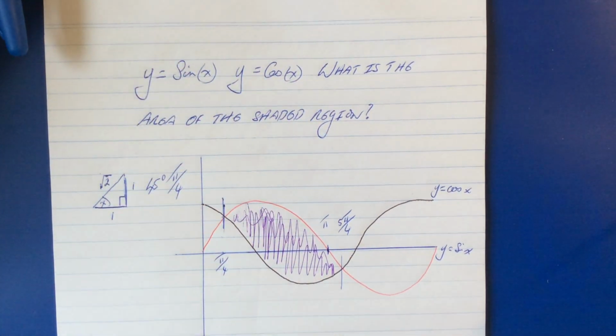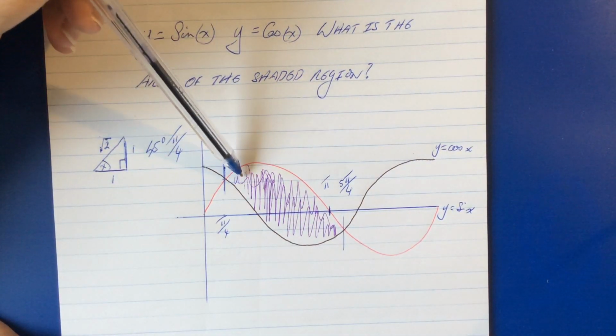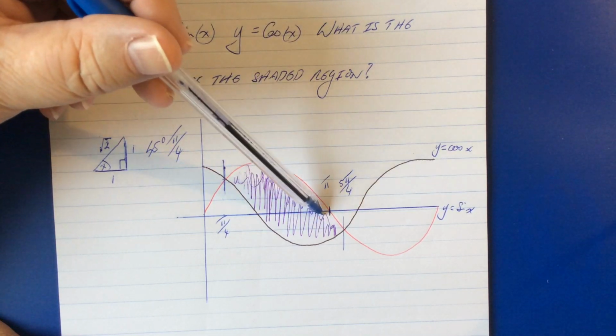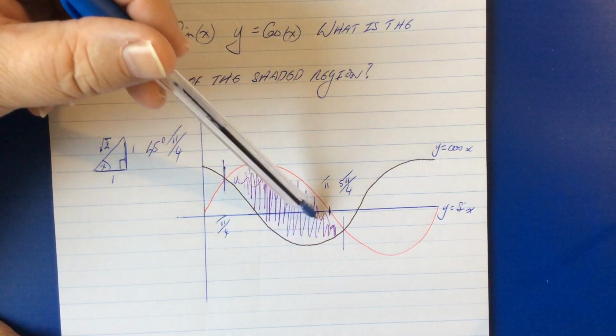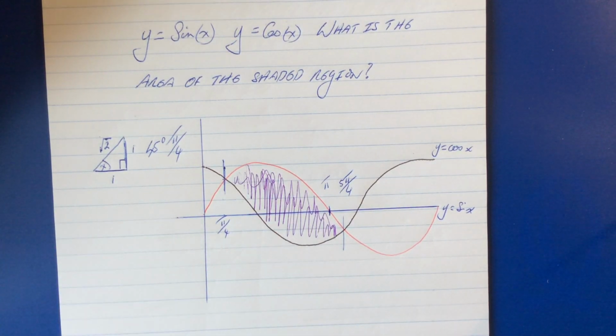Now, there are a couple of ways in which you can approach finding this area. Again, because of my poor draftsmanship, it's not apparent that this area here is the same size as this area here, but it is. And you can use symmetry to figure out that.